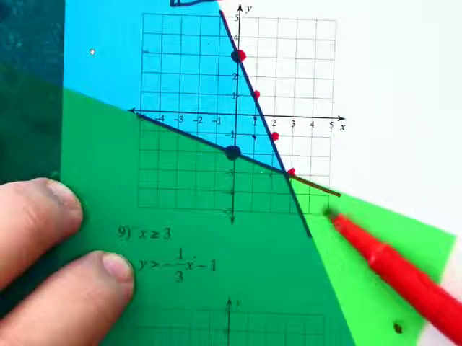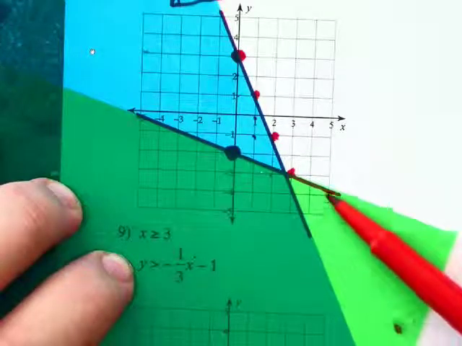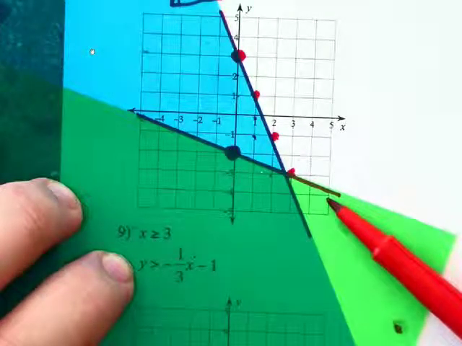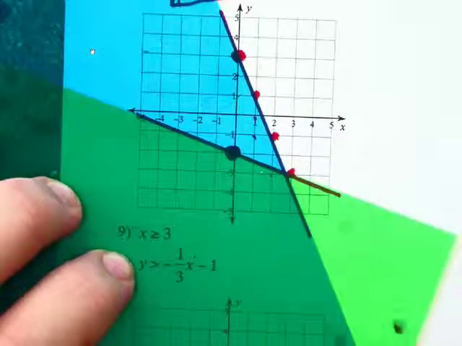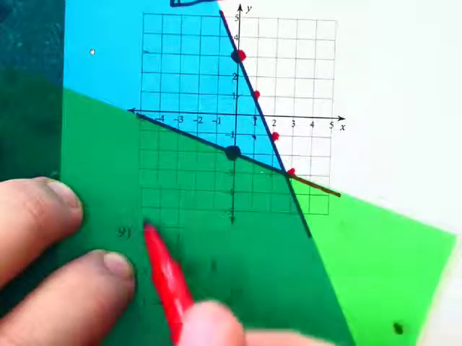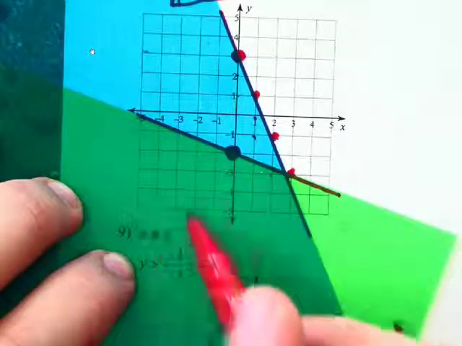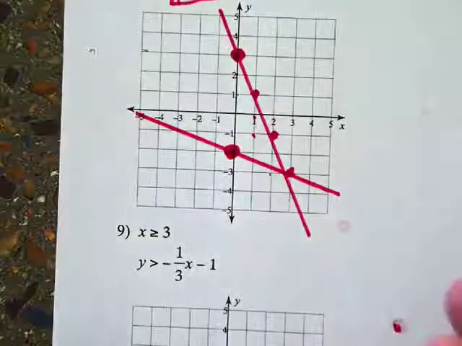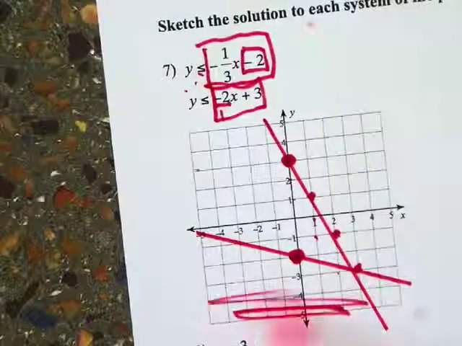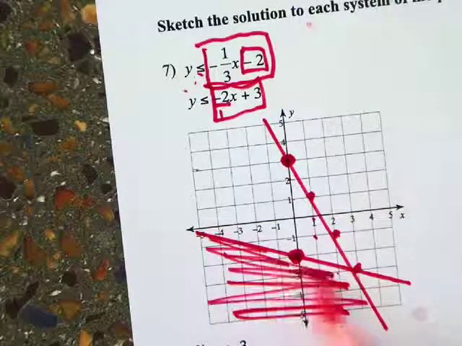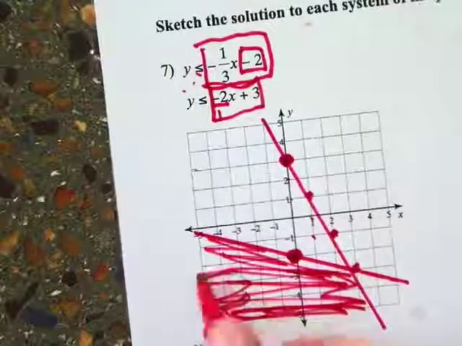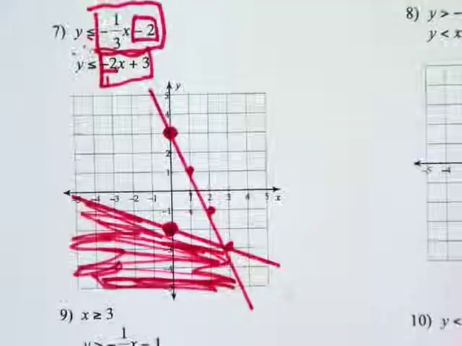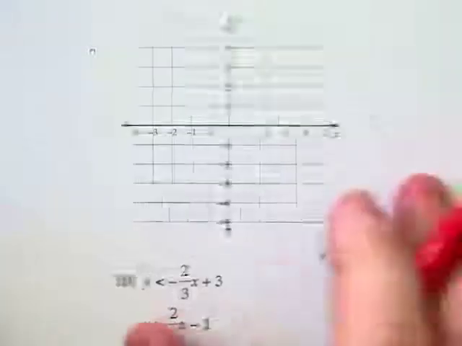This one over here, this section, is correct for the green, but not the blue. You're trying to find out where they're correct for both of them. And that's right here. Where they overlap is where they work for both of them. So that is where I shade in, where it works for both of them, where the two colors overlap. Okay. Number 8.